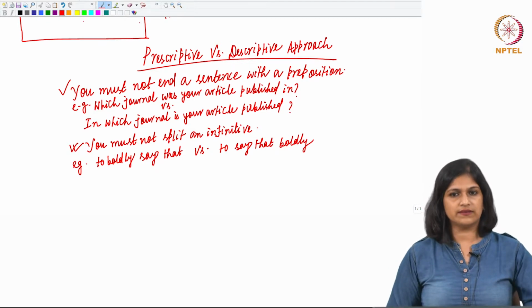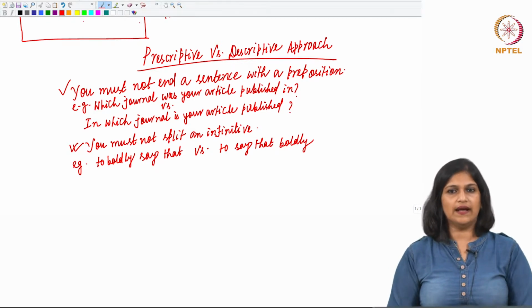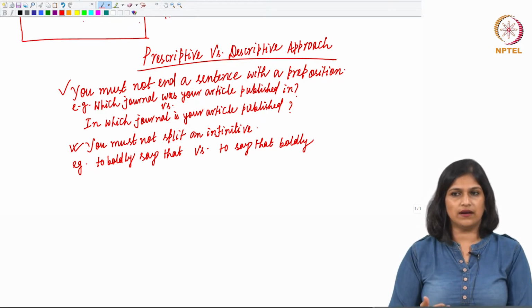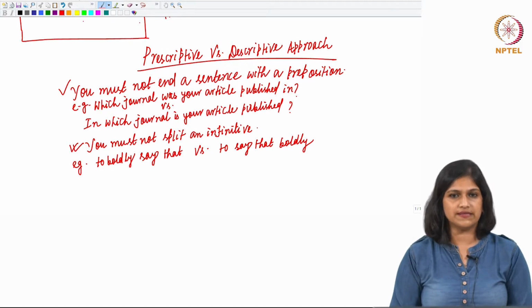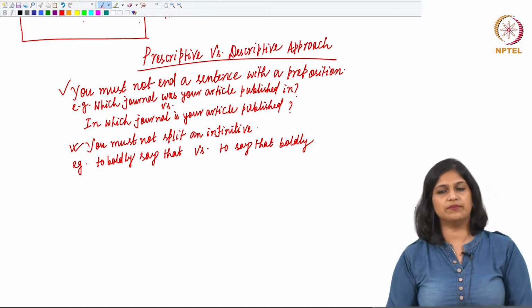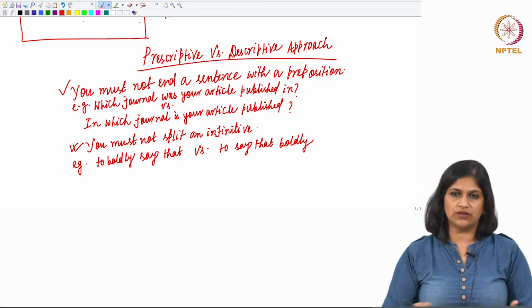So, when they were trying to understand whether a particular rule which has been prescribed for English does not work, then how are we going to tweak the rule or make the theory flexible, so that it can also be used to incorporate data from the other languages in the world.